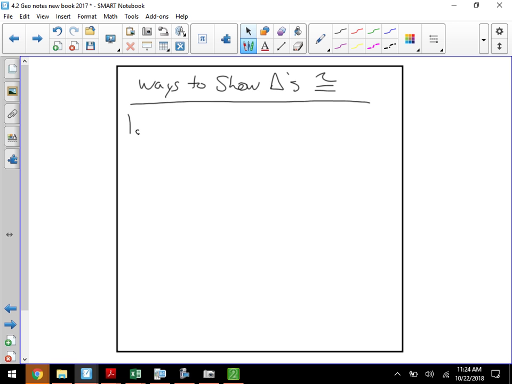I'm just writing it down over here as well so we can see it a little better. It quite literally means all 3 sides are congruent to the 3 sides of another.